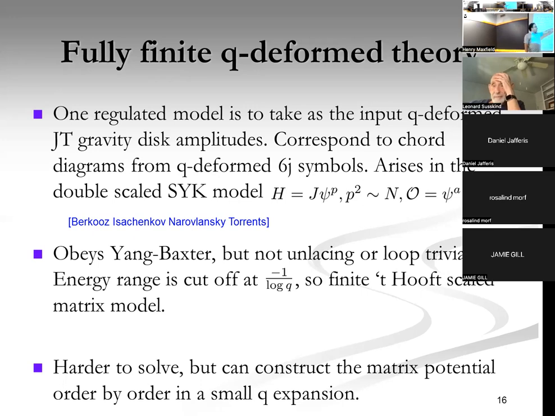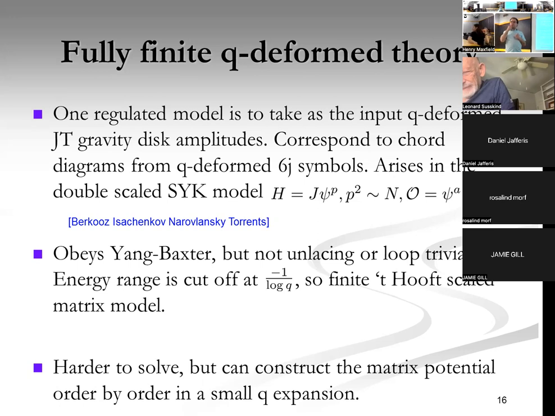So we take the SYK model with product of P fermions and scale P as a square root of n, where n is the number of Majoranas. And then you make the operator out of a product of A fermions, where A also scales with n. And then the correlation functions of that particular O look like they come from the same chord diagrams, but with the Q-deformed 6J symbol, which is some complicated special function.